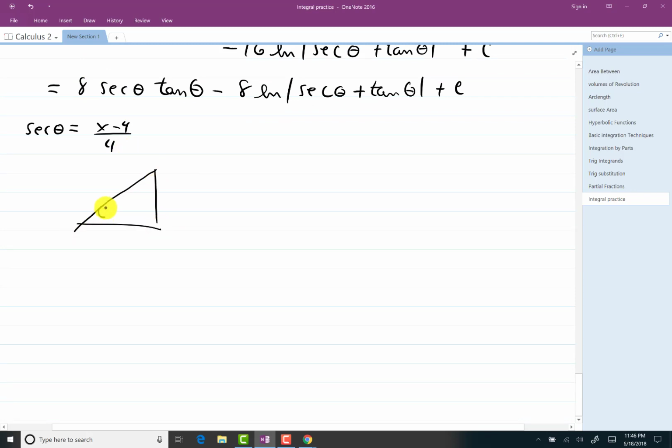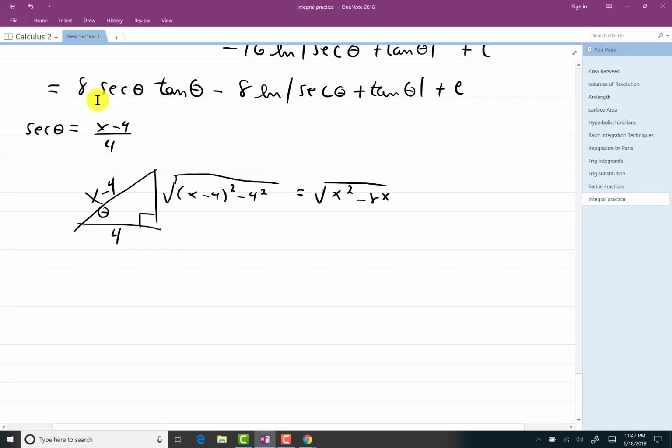There's my theta. Secant theta is hypotenuse over adjacent, so I can put x minus 4 over 4. And then this side will be the square root of x minus 4 squared minus 4 squared. Or, instead of that, I can put x squared minus 8x. That was the original problem anyway, so that's this length.